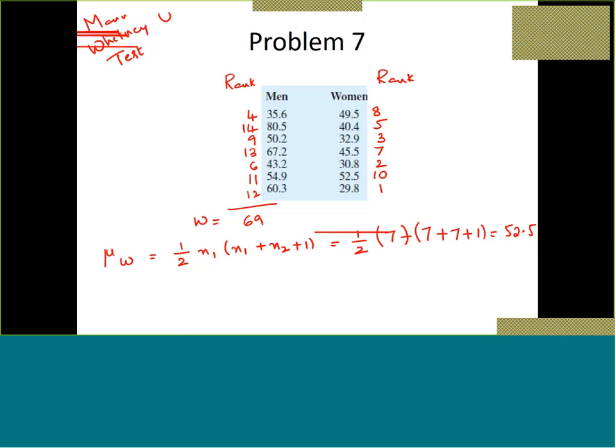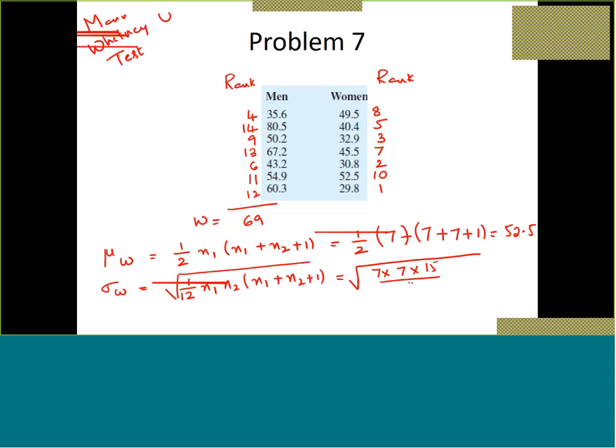Then I'm asking you sigma W, which is square root over the same formula, 1 by 12 N1 N2 (N1 plus N2 plus 1). That is square root over 7 into 7 into (7 plus 7, 14, plus 1), 15 by 12. So I'm giving you the answer 7.82.